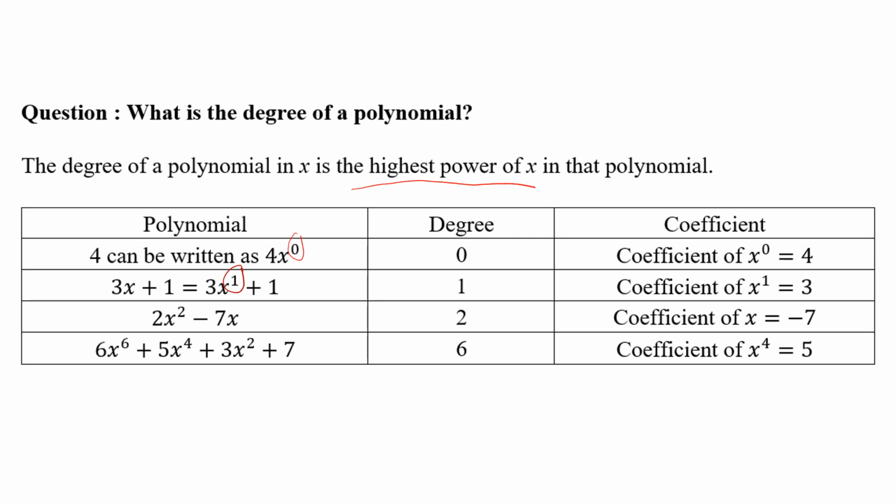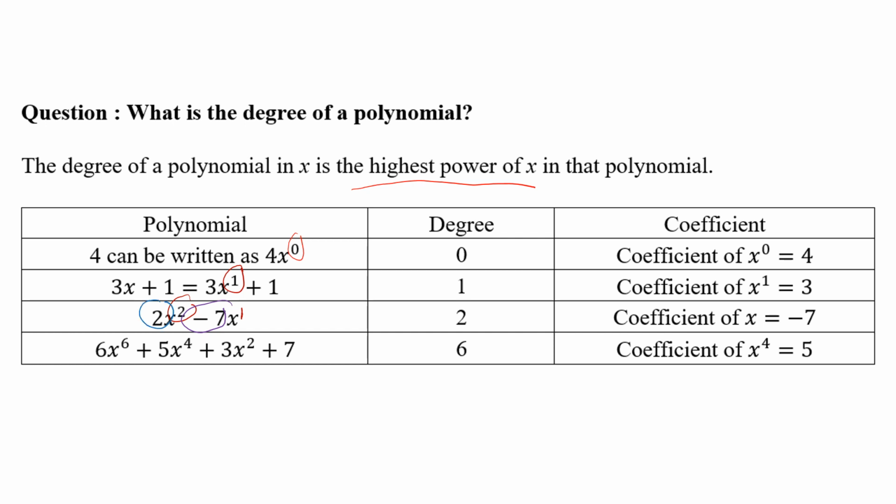If you look at the third example, you have the x squared term and you also have the x term. So the highest power is 2. Therefore, this is a polynomial of degree 2. If I ask for the coefficient of x, it will be -7. If I ask for the coefficient of x squared, then it will be just 2.